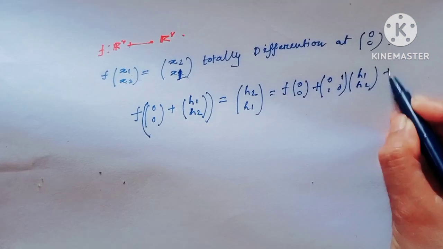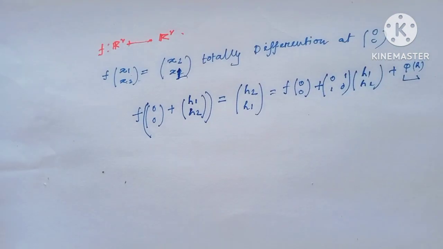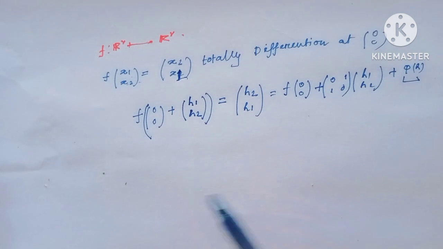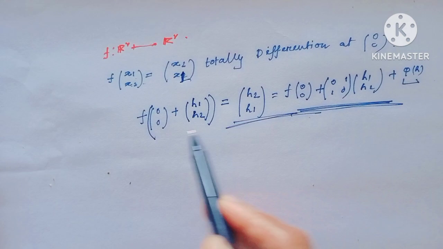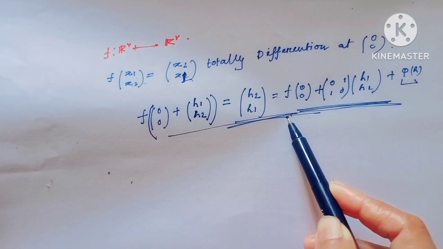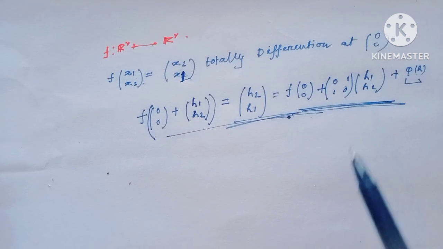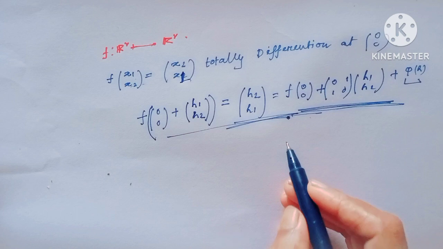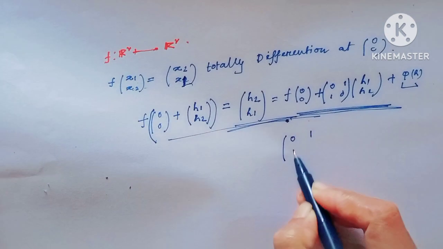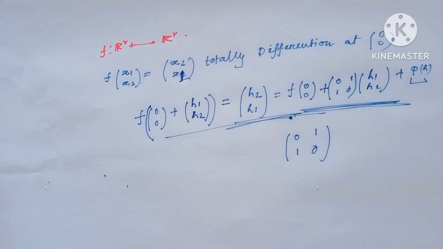And here the error term would be 0. We don't need the error term because this function is actually equal to this function. So this function is differentiable at the point 0, 0, and the total derivative is 0 1, 1 0. I hope all my viewers have understood.